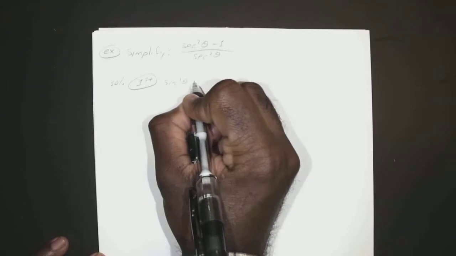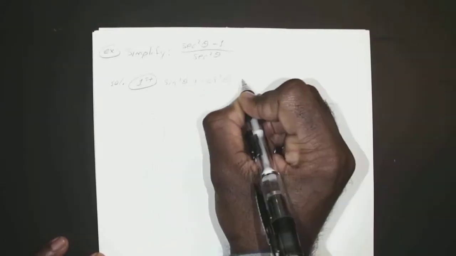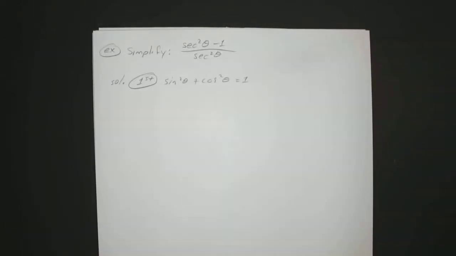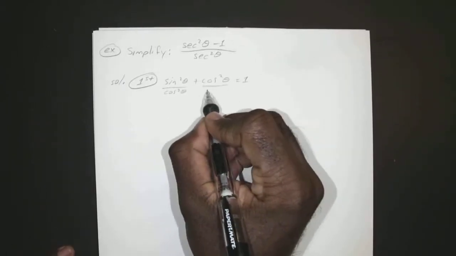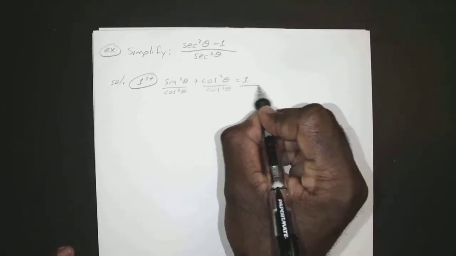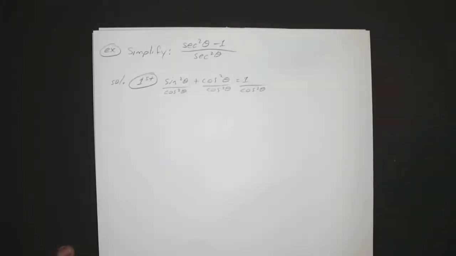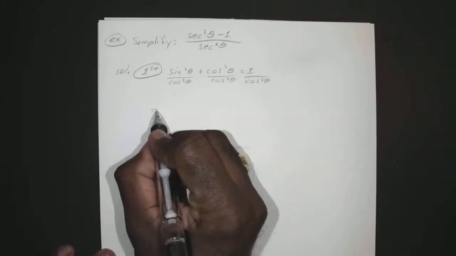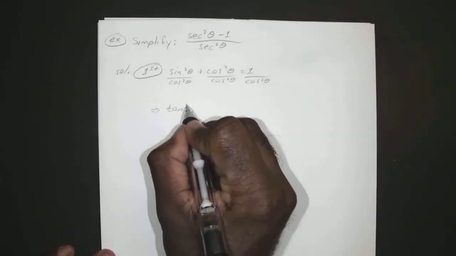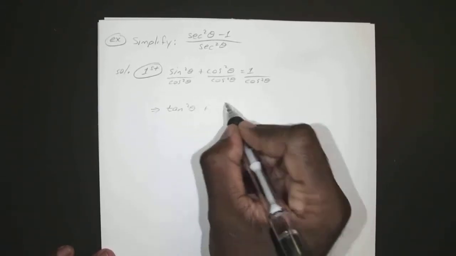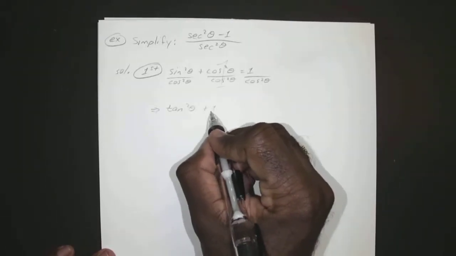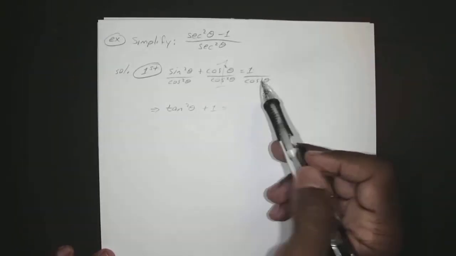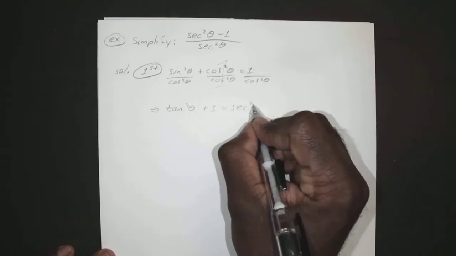Remember you have sine squared plus cosine squared equals 1. If we divide all of these by cosine squared, that gives us tangent squared plus 1, since anything divided by itself is just 1, and 1 over cosine squared is secant squared.